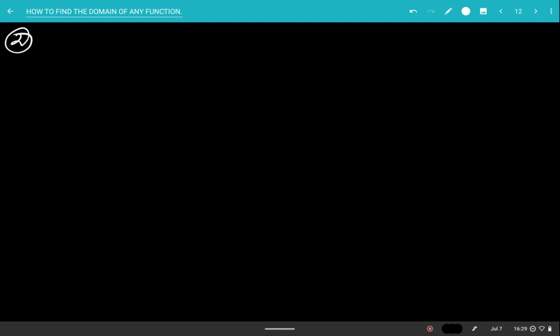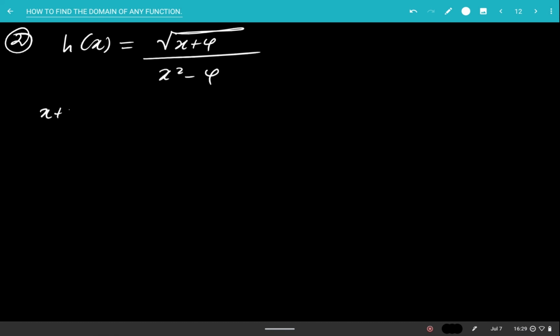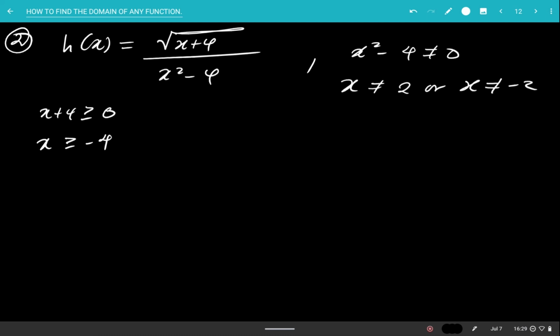Say we have h of x being equal to the root of x plus 4 over x squared minus 4. So the radicand, which is x plus 4, should be greater than or equal to 0. So x should be greater than or equal to minus 4. Then x squared minus 4 should not be equal to 0, so x should not equal 2, or x should not equal minus 2.